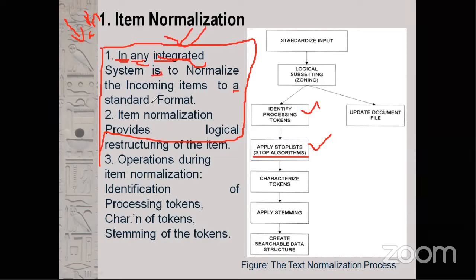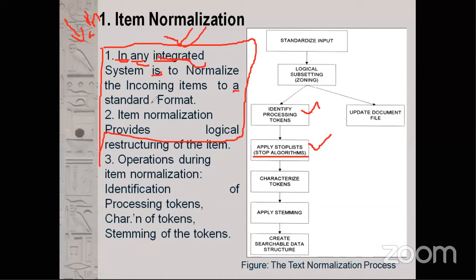In most parts of speech, we may be using articles, and articles occur in almost all documents. If I take that type of words as searching index terms, then almost all your documents may be retrieved.